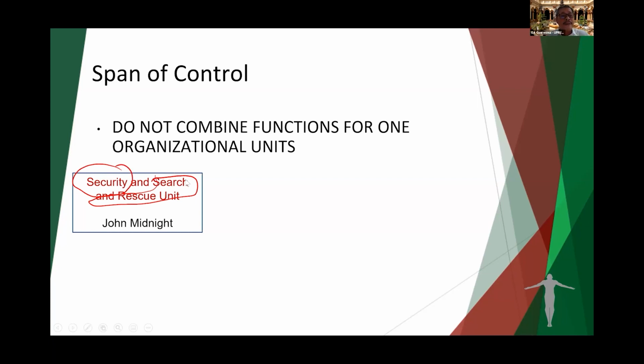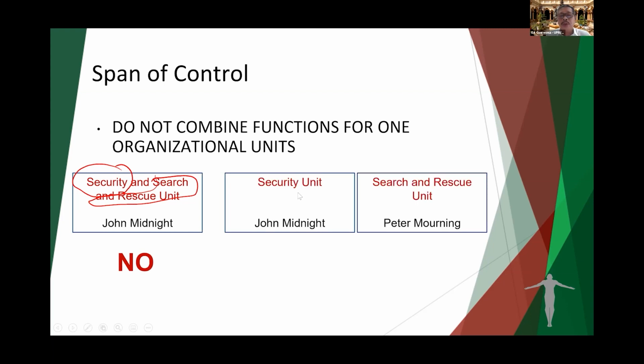We do not recommend this type of setup. What we recommend is to separate the security unit from the search and rescue unit. So for instance, you have John Midnight in the security unit, and then the other unit, the search and rescue unit, to be headed by, let's say, Peter Morning.